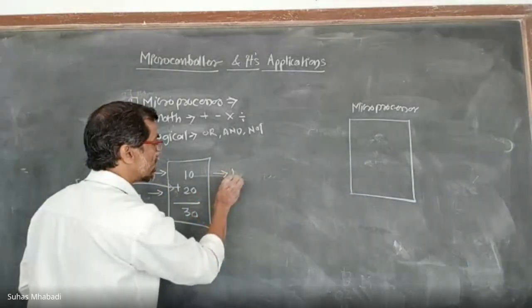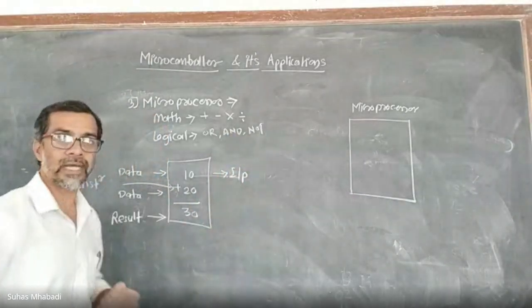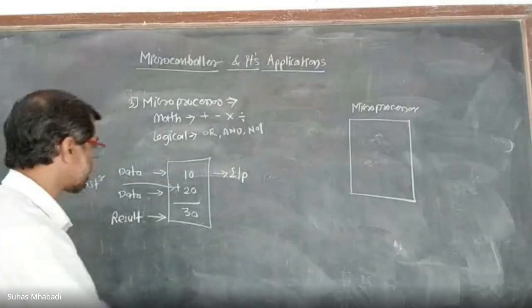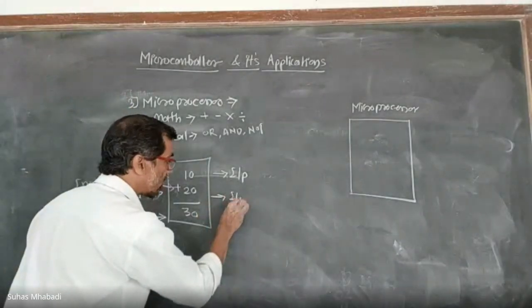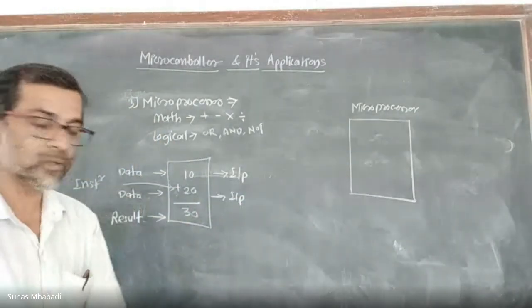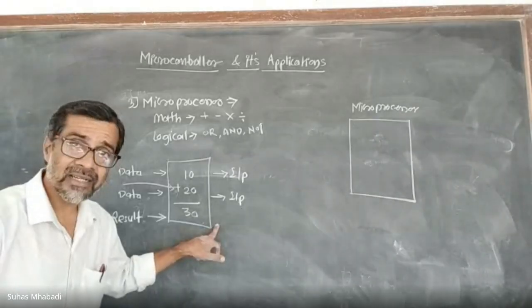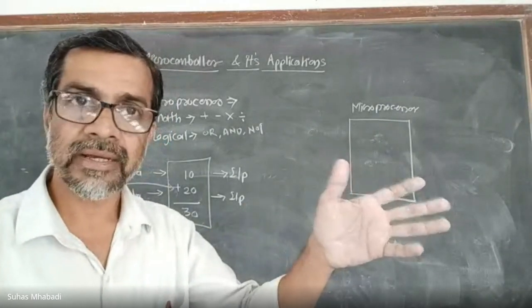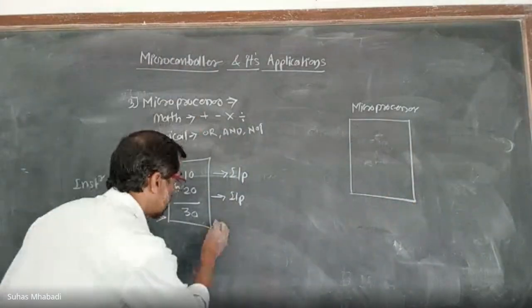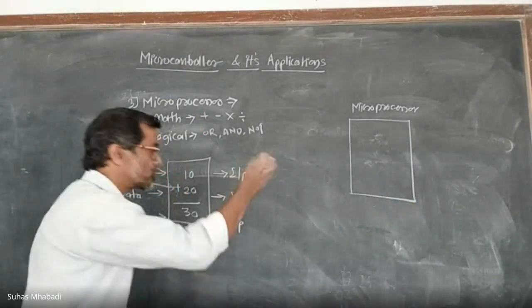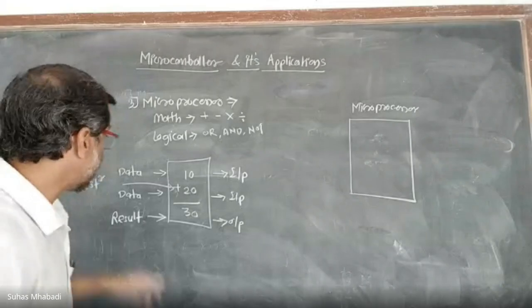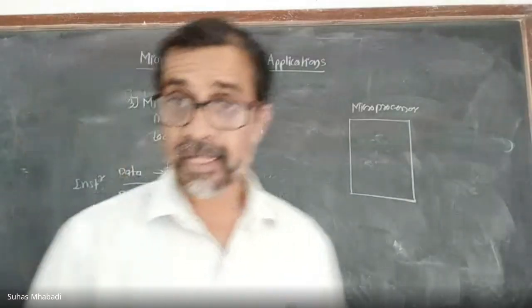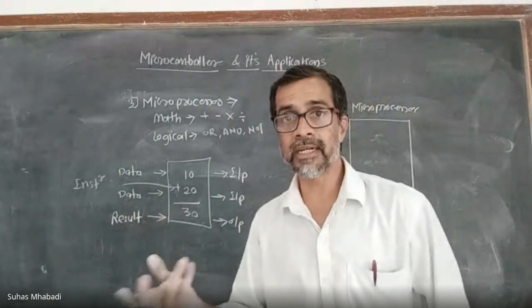So to connect this, I require an input device. For data, I require a keyboard. To show the result, I require a monitor, LCD screen. I require an output device. And instruction. Instruction is like addition, subtraction, multiplication, division, or add.